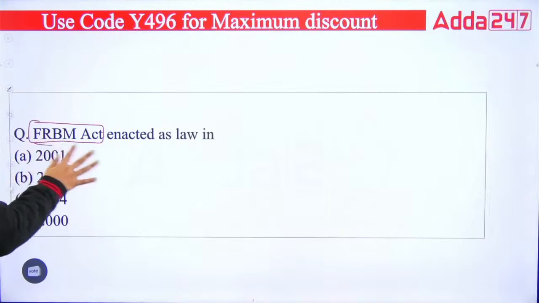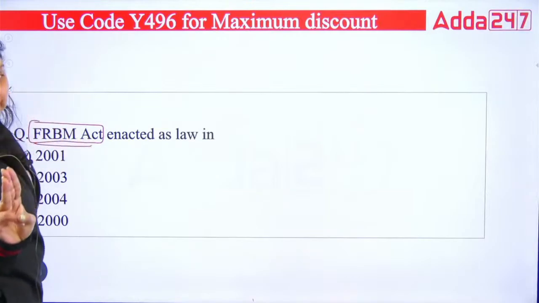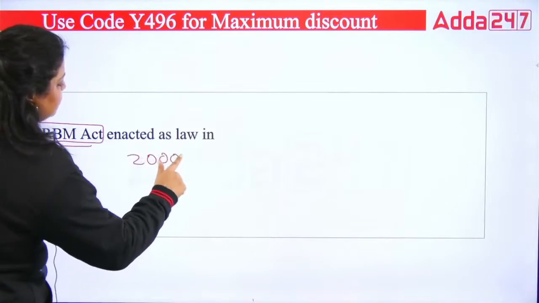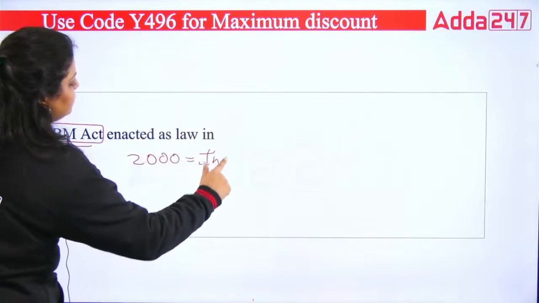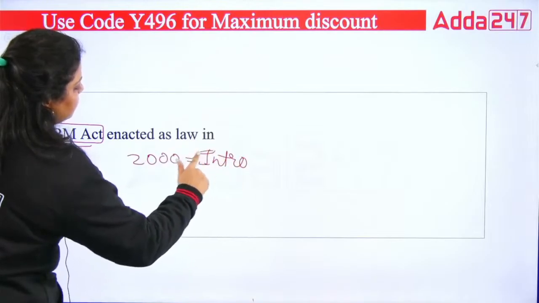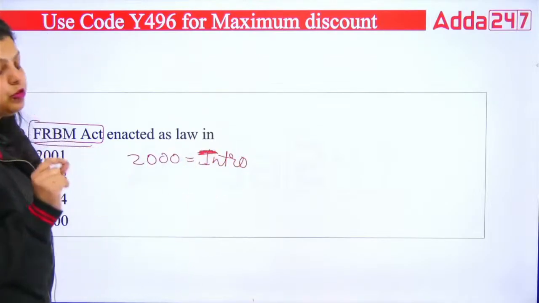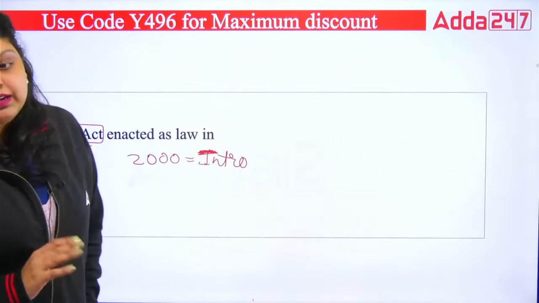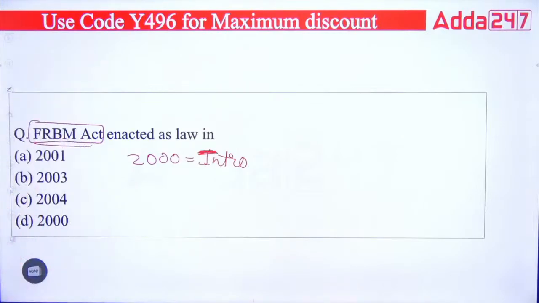And you have to remember 3 years regarding this act. So in 2000, this bill was first time introduced and this was introduced by Mr. Yashwant Sinha. Mr. Yashwant Sinha was the finance minister at that time and he actually introduced this bill.